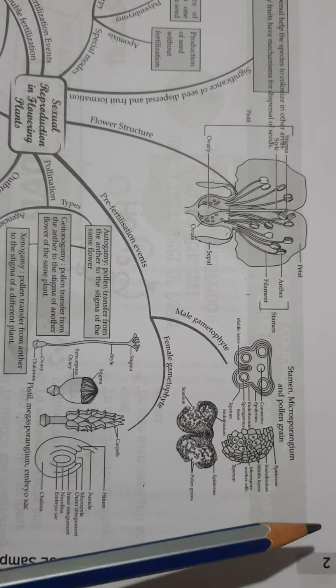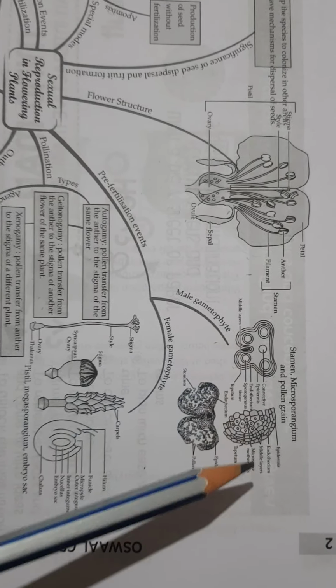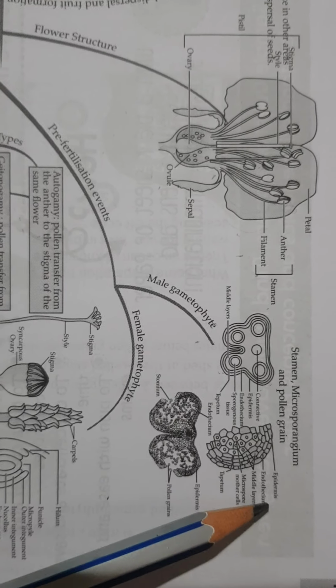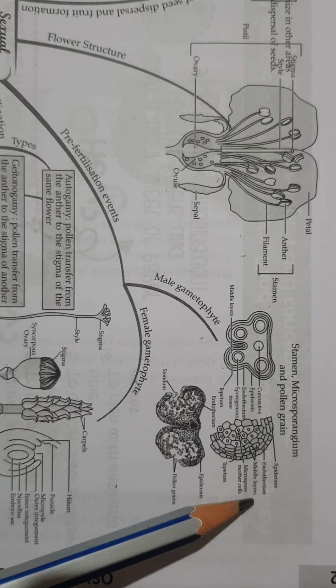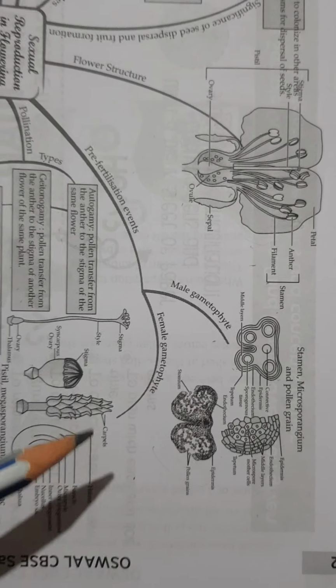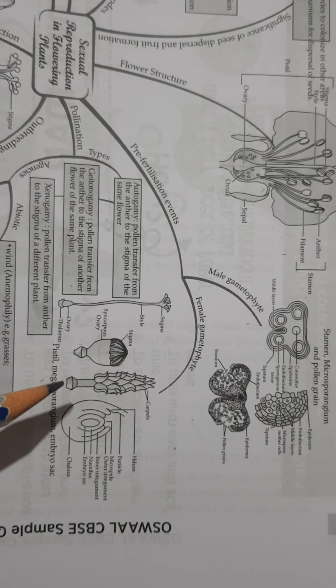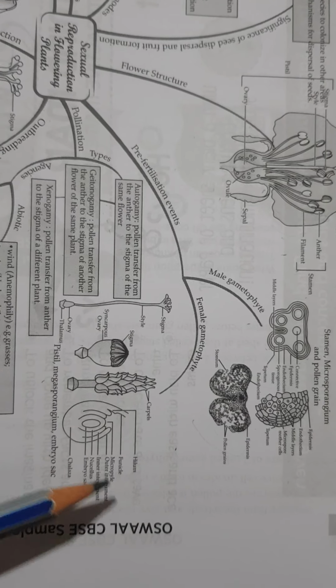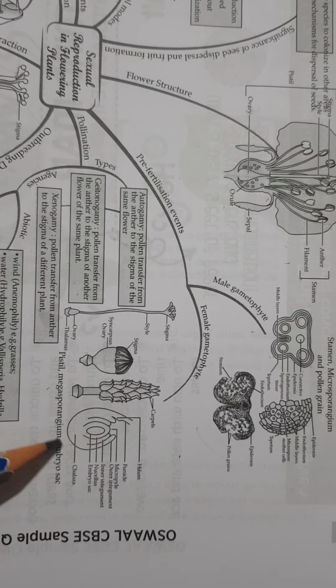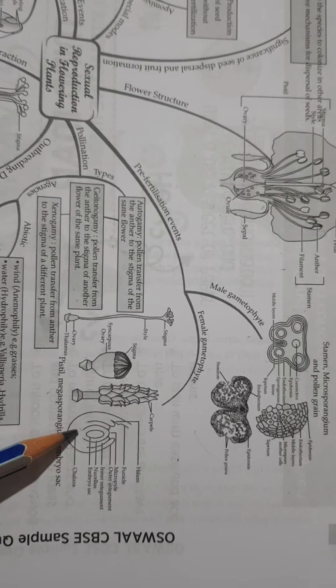In males, a microsporangium is formed, where you can see these four parts. In detail, here you can see epidermis, endothecium, middle layer, tapetum, and here this is the section of a pollen grain. Then in the female gametophyte, this ovary part is shown, where the egg apparatus is going to be formed.